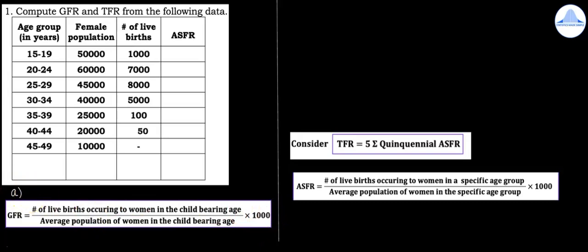So now let us first calculate the total female population and the total number of live births. When you add up the total female population, you get 2,50,000, and when you add the number of live births, you get 21,105. Now let us do the substitution and calculate GFR.